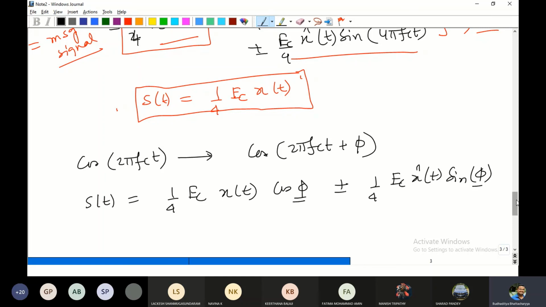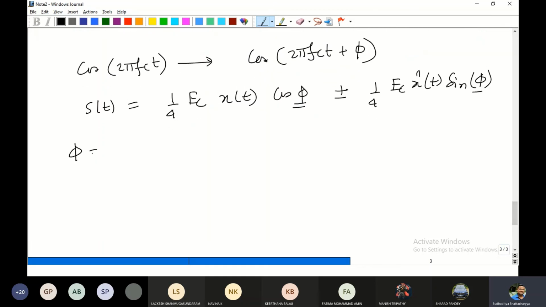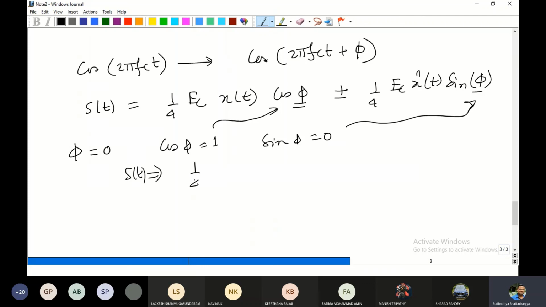Now if you closely observe, if I consider phi equal to 0, then cos phi equals 1 and sin phi equals 0. If you substitute in this equation, the output s(t) will be nothing but 1/4 Ec x(t). But when phi is equal to 90 degrees, cos phi will be 0 and sin phi will be 1.